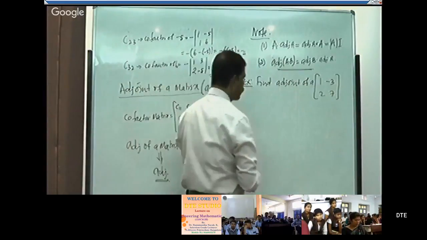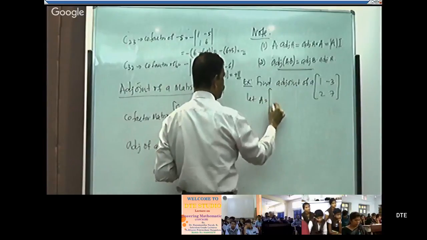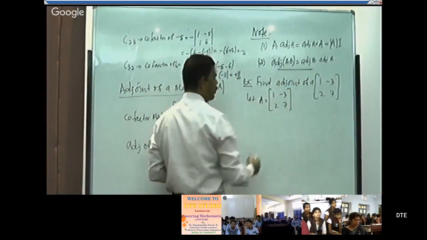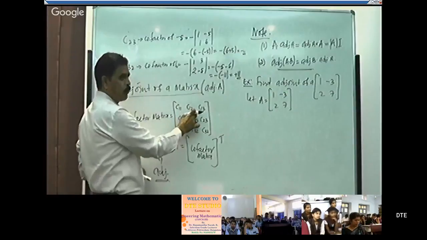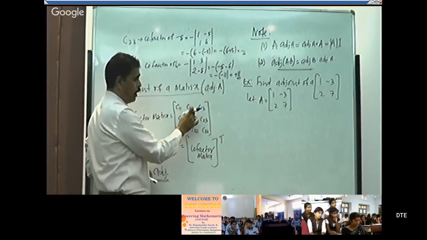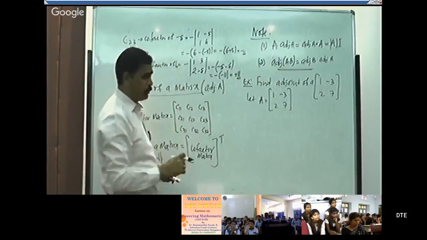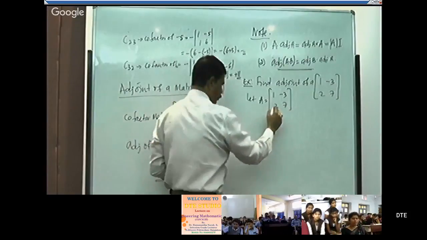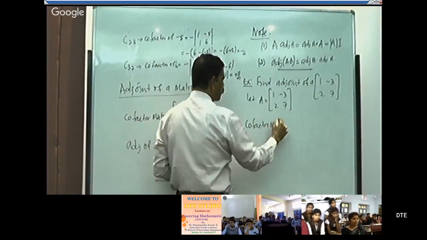Let the given matrix be A, 1, -3, 2, 7. To find the adjoint, I need the cofactor matrix, correct? We know how to write the cofactors of the elements. The given matrix is a 2 cross 2 square matrix. First write the cofactors.